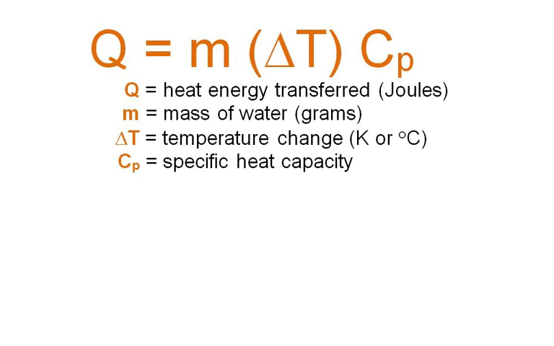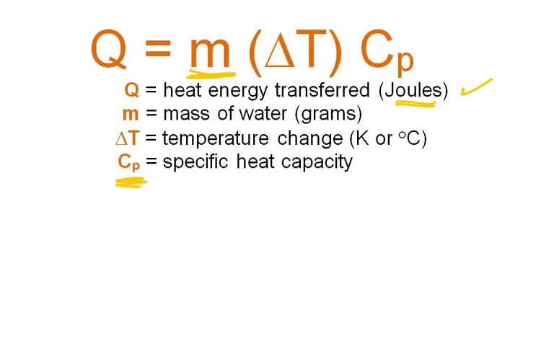This turns into this really handy law: Q equals M delta T C sub P. Now Q, that's the energy, heat energy. It could be heat or just energy in general, and that's measured in joules right now. The mass, we say the mass of the water, although that could be the mass of anything. If we're heating water, which is very common, then it would be the mass of the water.